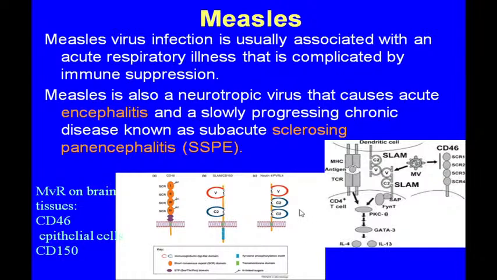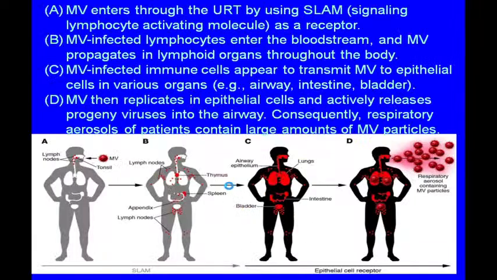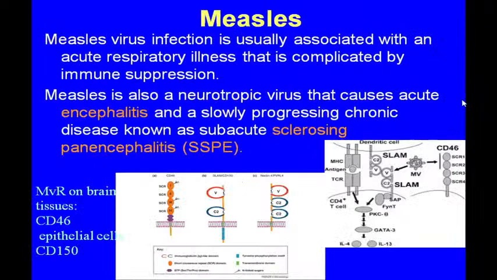So now, few words about the measles as a disease, because that's a really very serious disease, and it may cause very severe complications. So, measles virus causes infection associated with acute respiratory illness, but then it can be complicated usually with immunosuppression. That is the result of regular, usual acute infection.